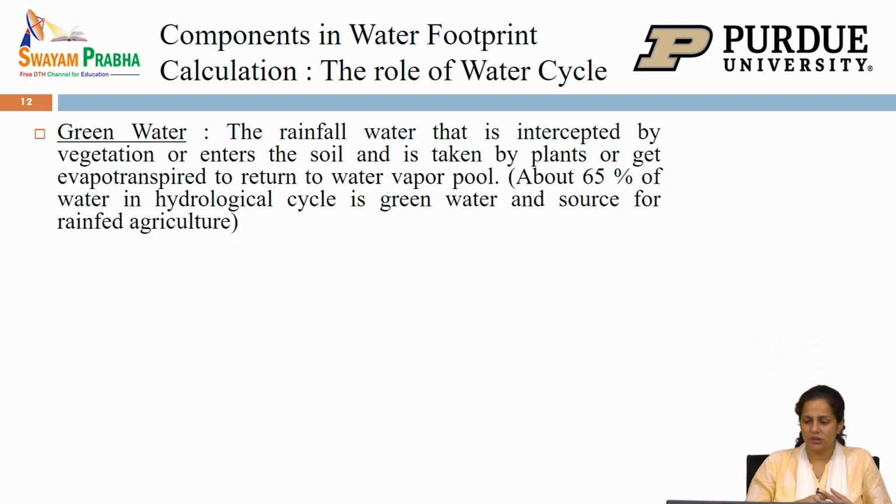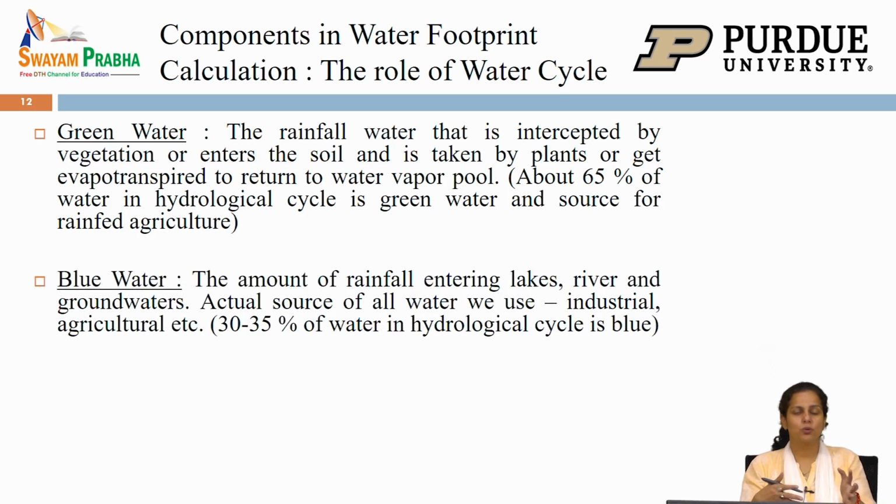That is about 65% of water in the hydrological cycle, and that is what we call the green water, which is the source for rain fed agriculture. So, a lot of the rain fed agriculture is also consuming water. So, it is also relying on the water cycle and causing the interruption or the interception to the water cycle, and that is what we call the green water.